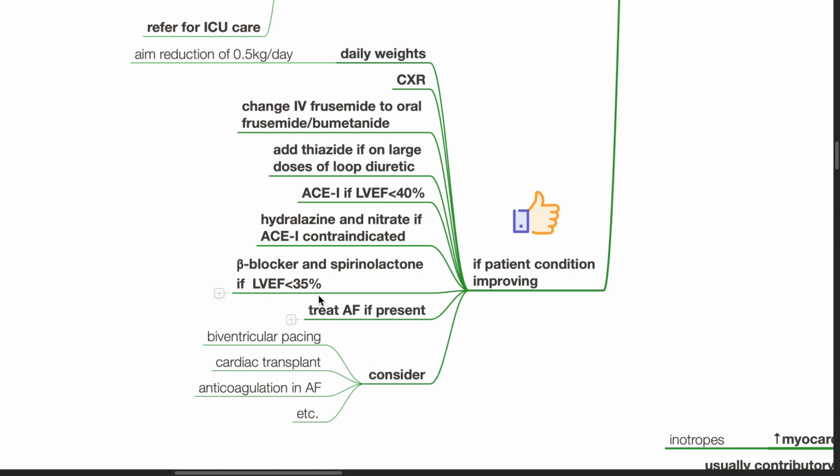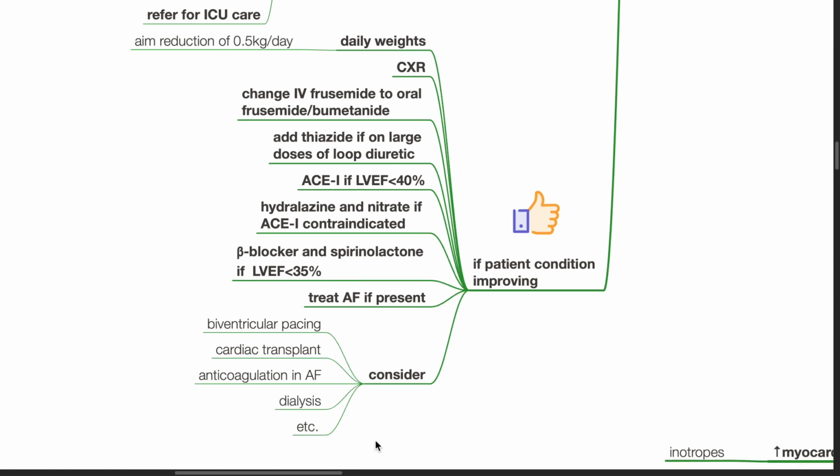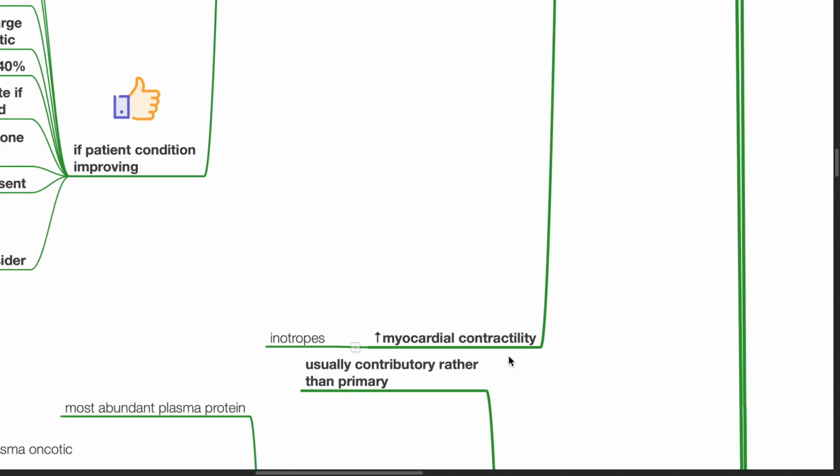Treat AF if present, consider biventricular pacing, cardiac transplant, anticoagulation in AF, dialysis for fluid extraction, etc. Increase myocardial contractility by using inotropes.